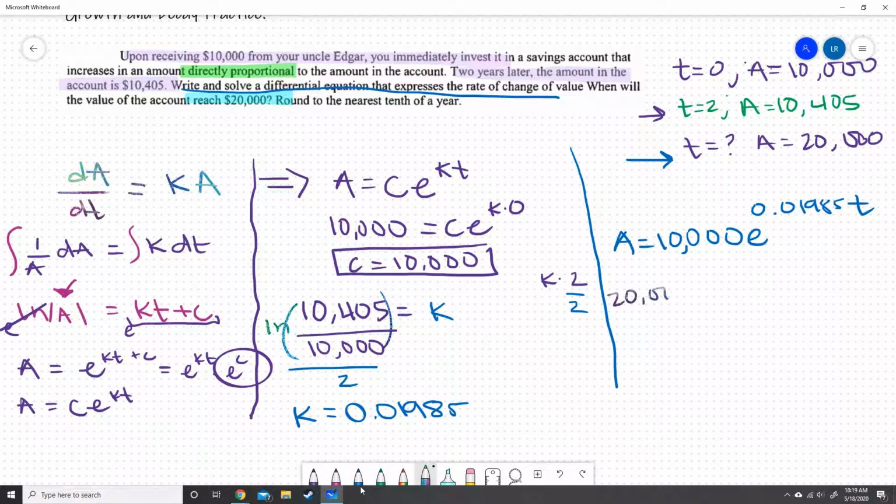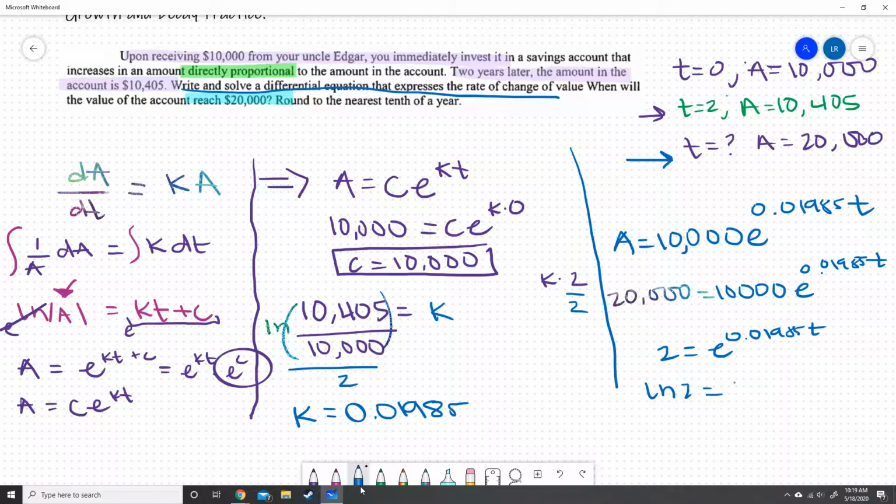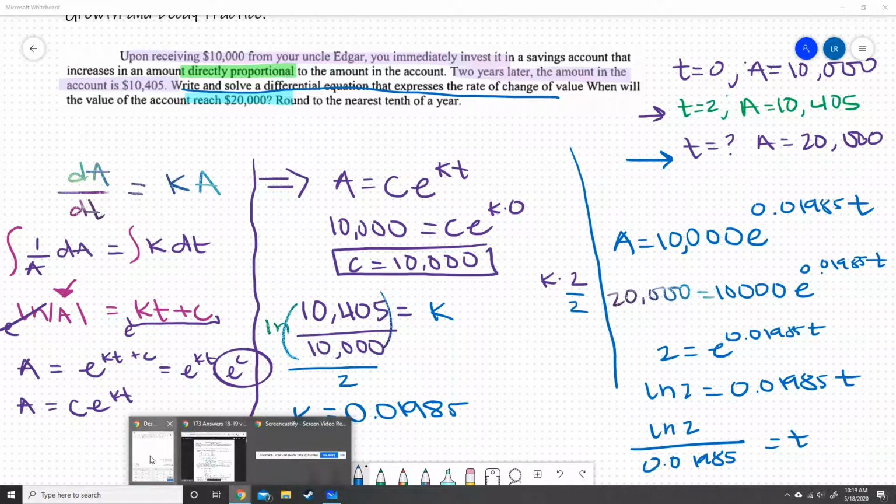So we have 20,000 equals 10,000 e to the 0.01985 T. I'll divide by 10,000 on both sides and I get 2 equals e to the 0.01985 T. I'm going to ln both sides, so ln of 2 equals 0.01985 T. And then I'm going to divide, so ln of 2 divided by 0.01985 equals T. So let's take that handy dandy calculator again.